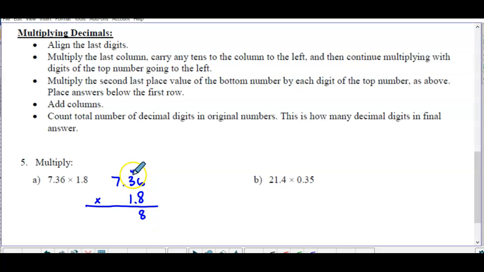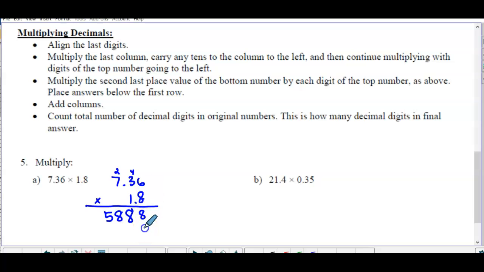So this 4 really means you've got 4 in the next bigger place value. So now when you multiply 8 times 3, you add 4. 8 times 3 is 24, plus 4 is 28, and there's your 28. 8 times 7 is 56, plus 2 is 58.